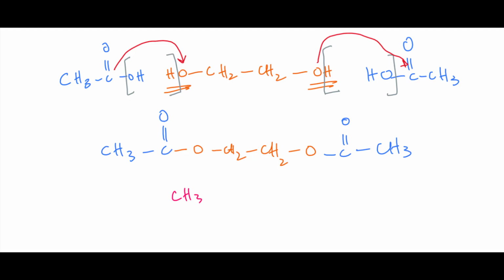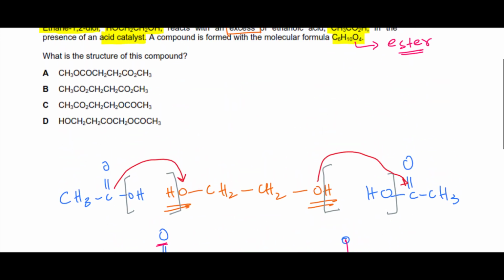So this would become CH3CO2 CH3CO2. We have combined both oxygens and written CO2, then CH2, then CO, then OCO CH3. Now let's look at the options.